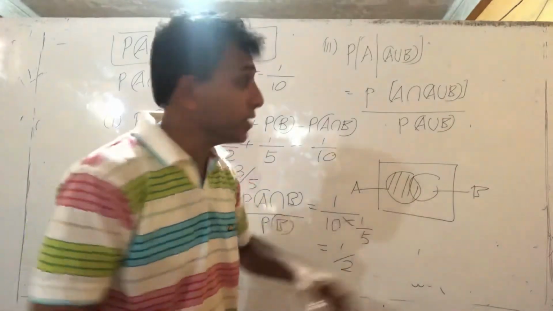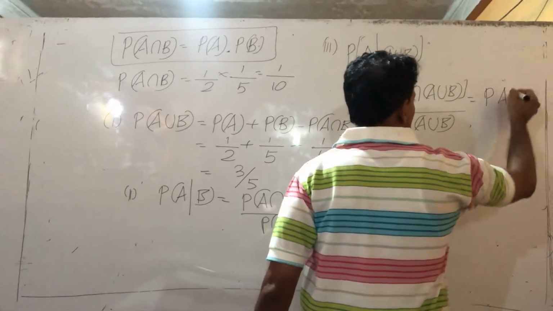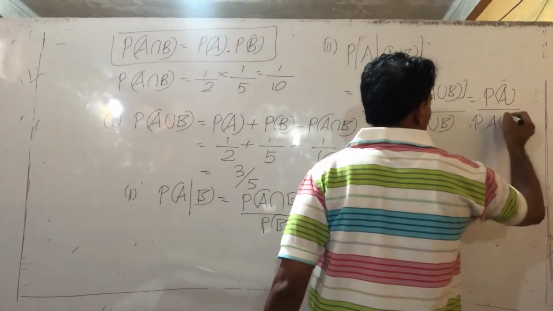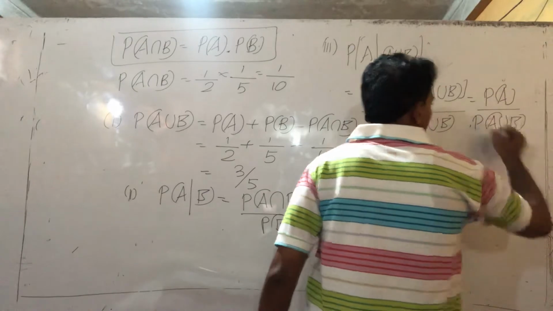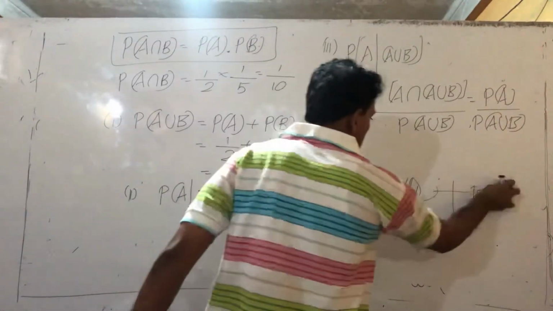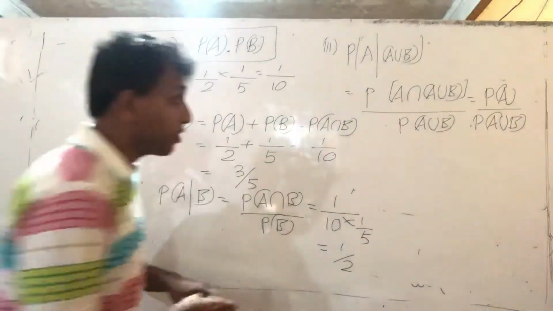Is it A, right? Therefore, that's equal to PA over probability of A union B. Now write the fractions, you can get the answer. Probability of A is half, right?